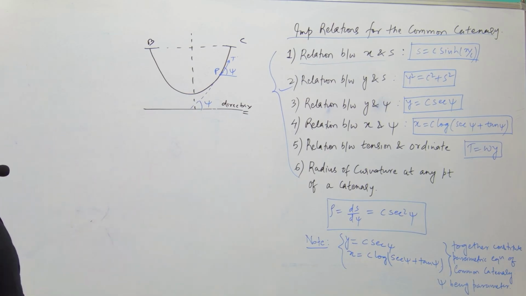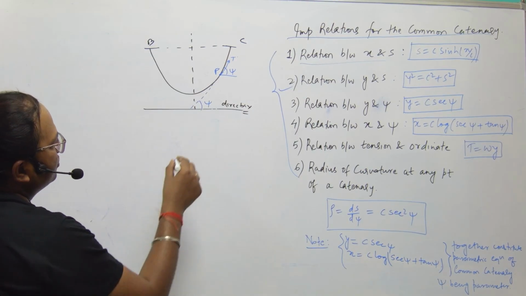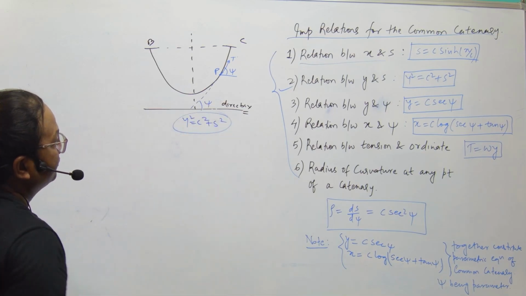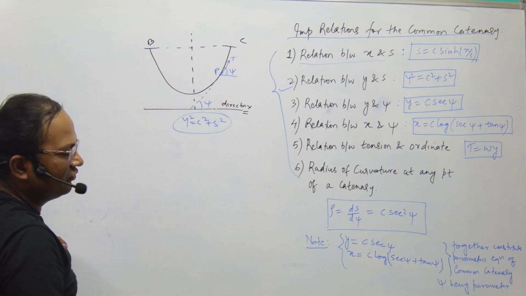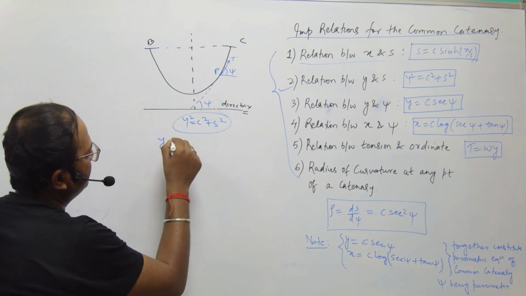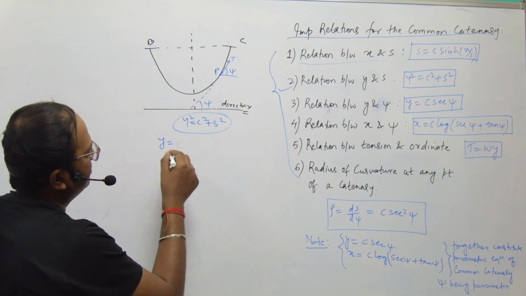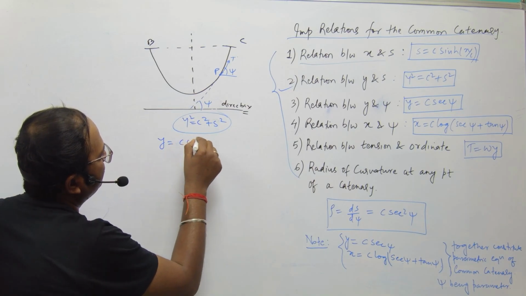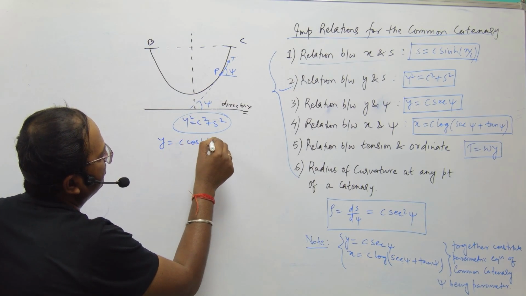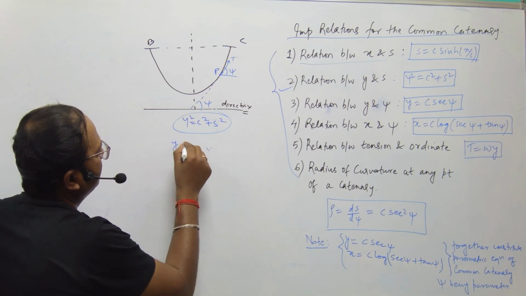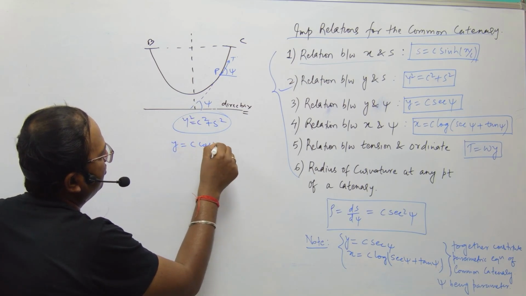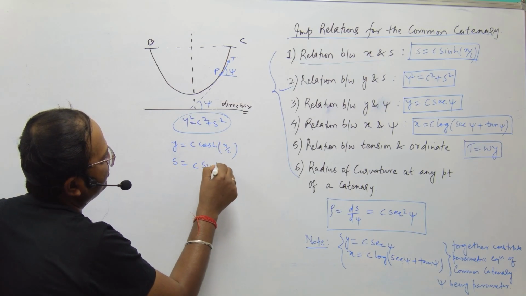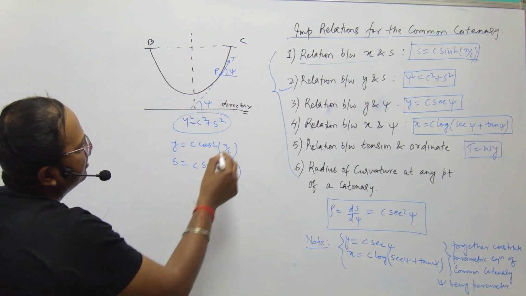In the second one we have to find the relation between y and s. What we have to prove is y square is equal to c square plus s square. In terms of the Cartesian equation, y is equal to c times cosh x upon c, and s is equal to c times sinh x upon c, as per relation 1.